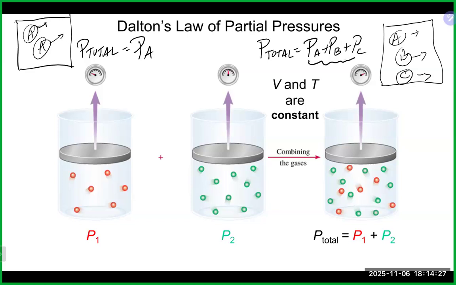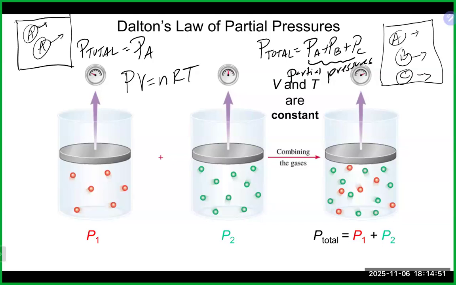These pressures here are what are referred to as partial pressures. They're called partial pressures because they partially contribute to the overall pressure of that system. And what is the most common way that we could calculate a partial pressure? Well, frankly, it is again that famous gas law, the ideal gas law, PV equals nRT.